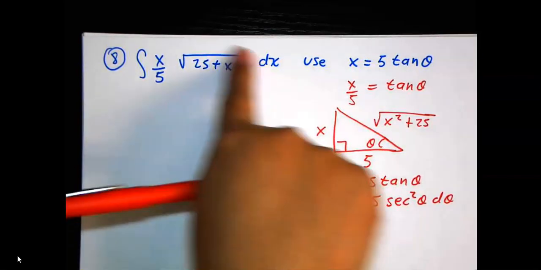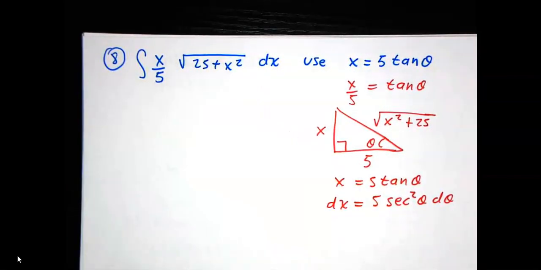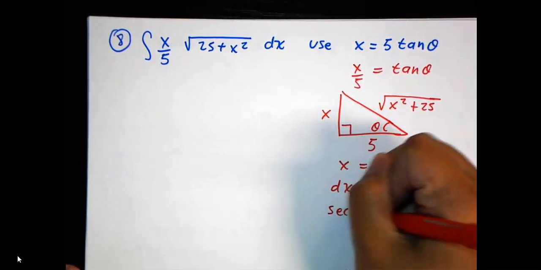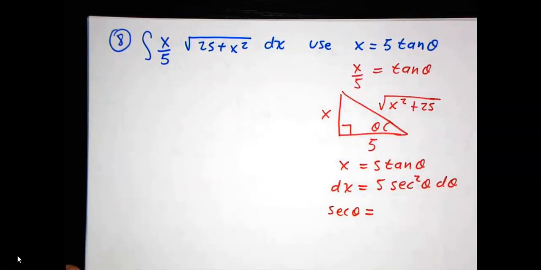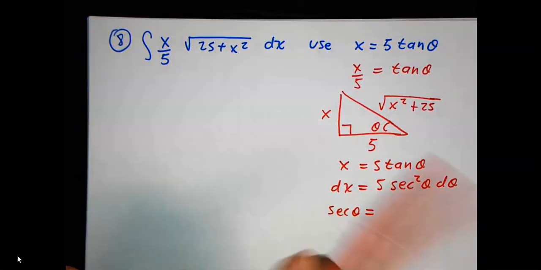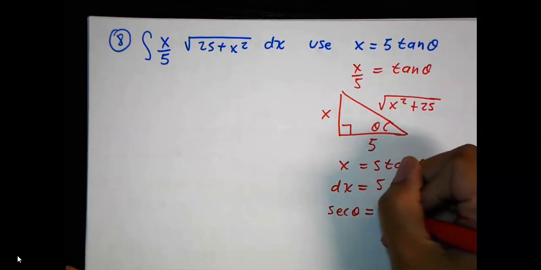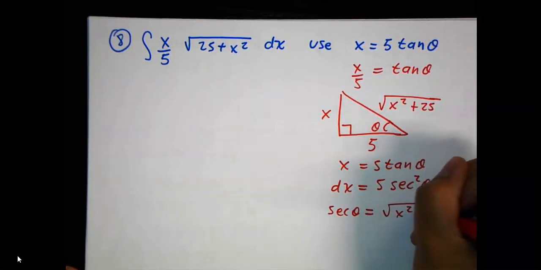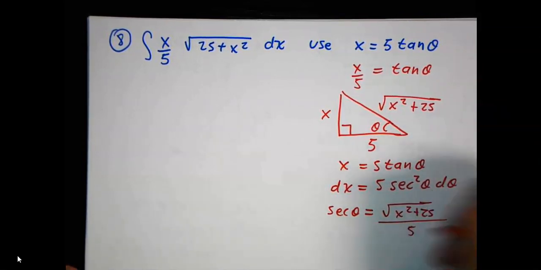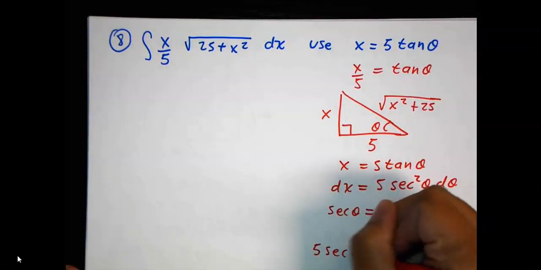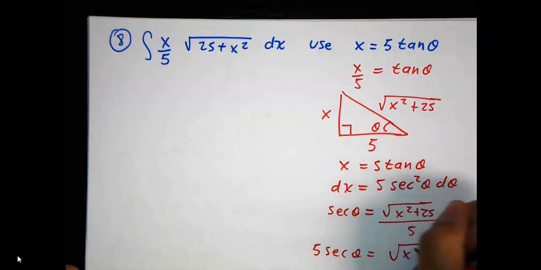Okay, I'm going to need to figure out a way to use this one. So this is what we're going to do. I'm going to find secant of theta. Secant is the reciprocal of cosine. Cosine is adjacent over hypotenuse. So secant is hypotenuse over adjacent. So I'm going to multiply by 5 to solve for the square root.